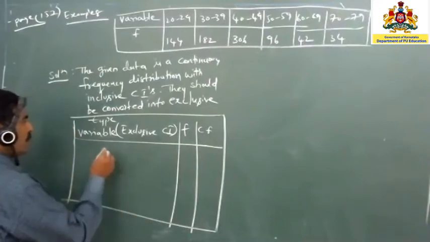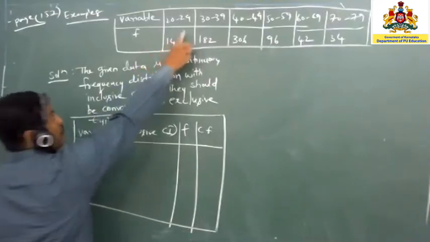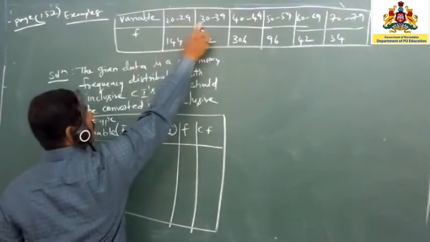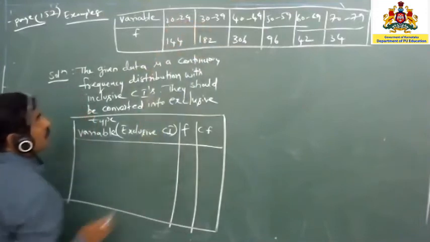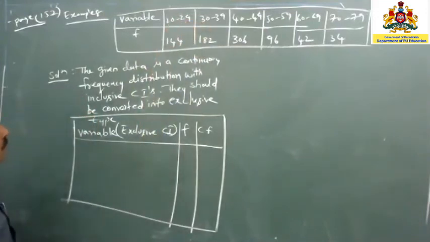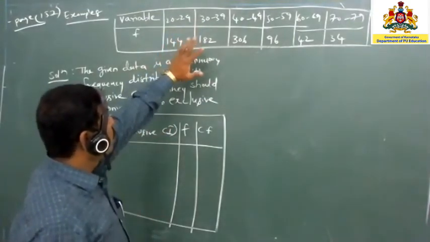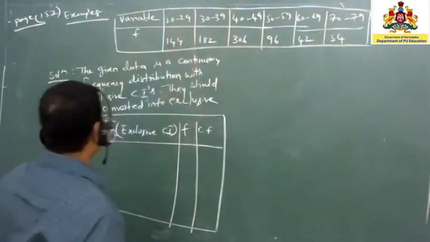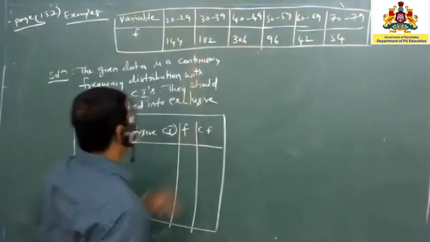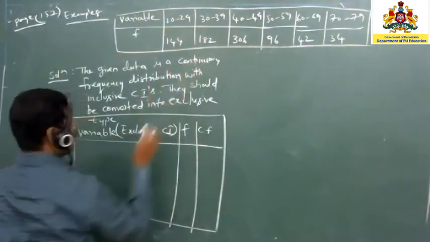To convert, find the difference between the first class upper limit and second class lower limit: 30 minus 29. The difference is 1, half of the difference is 0.5. Subtract 0.5 from every lower limit and add 0.5 to every upper limit.